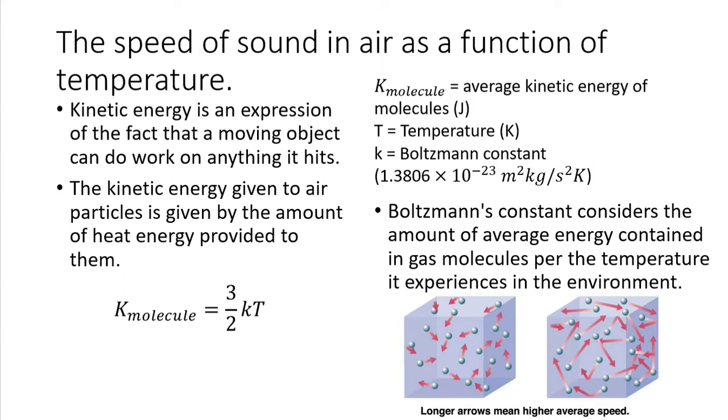So this Boltzmann constant, the variable k, is quite an interesting constant because it relates the amount of energy a particular molecule will possess on the basis of the temperature it experiences. It's a very important constant, and it's this idea of quantizing energy.